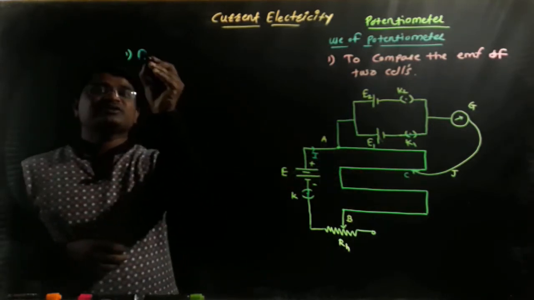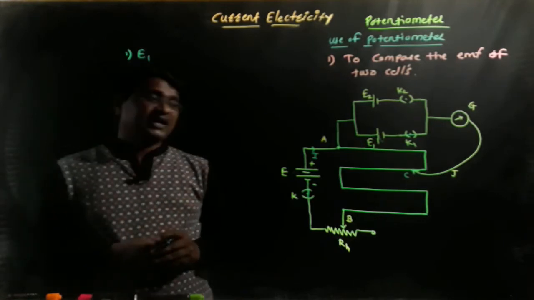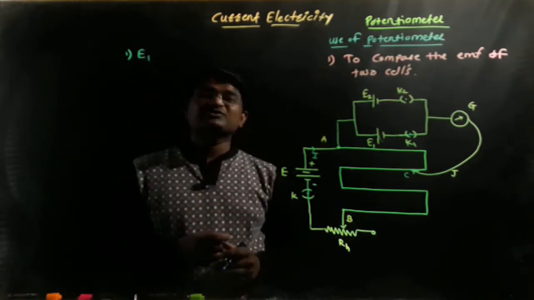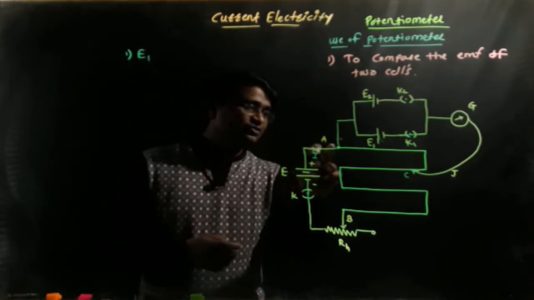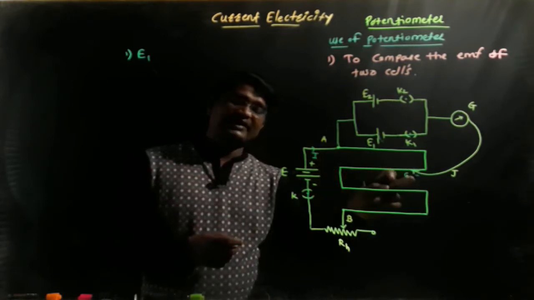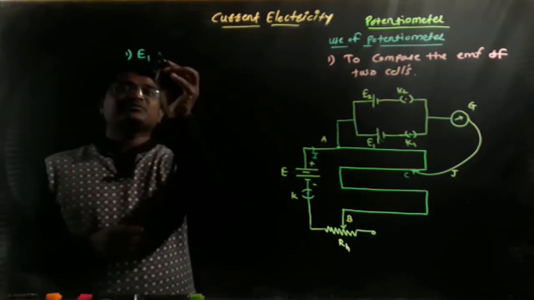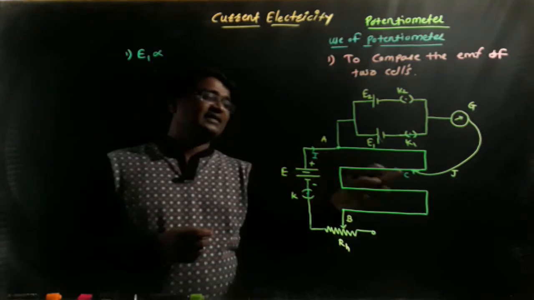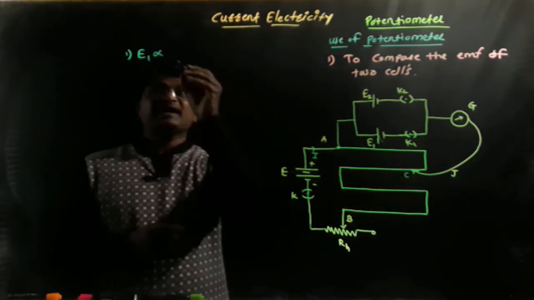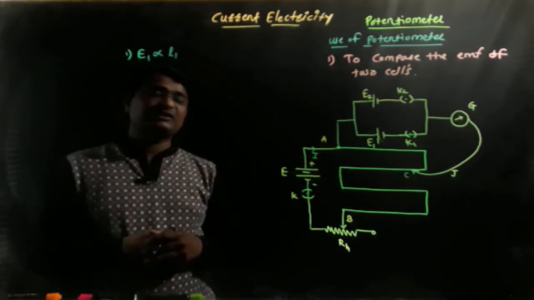According to the principle of potentiometer, we know that the total potential of the wire AC is directly proportional to the length of the portion AC, whose length will be denoted by L1.